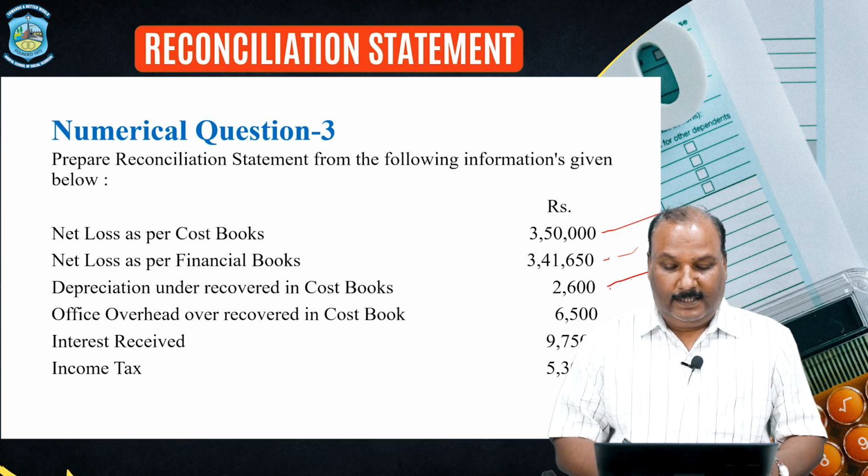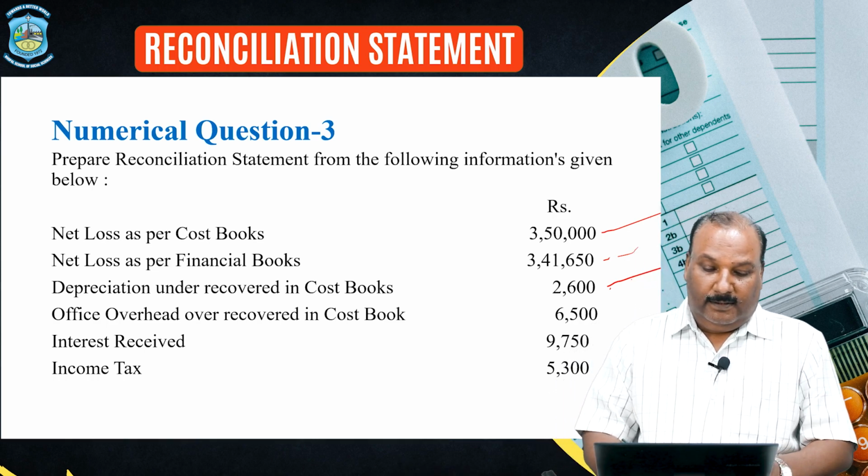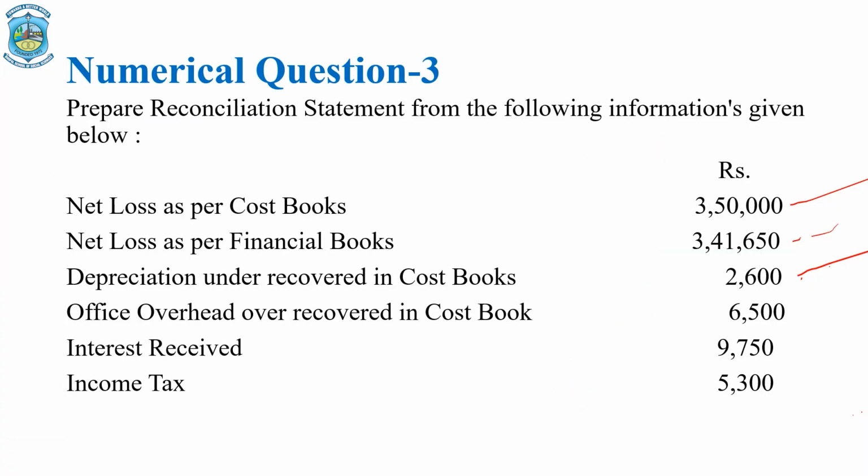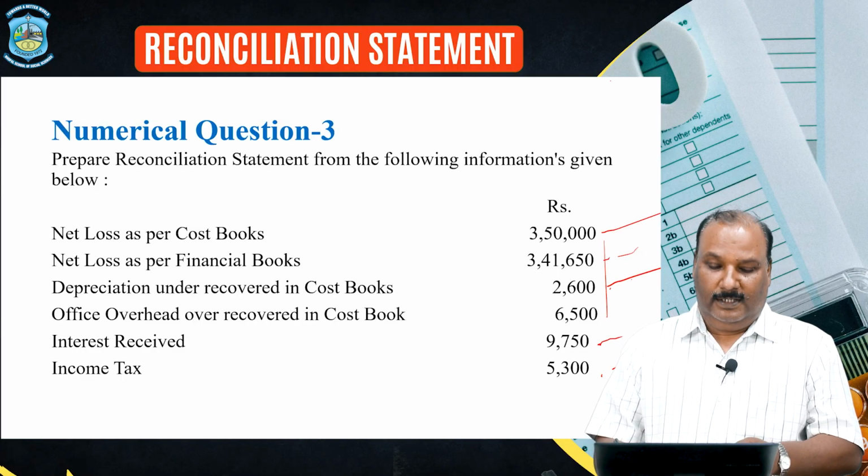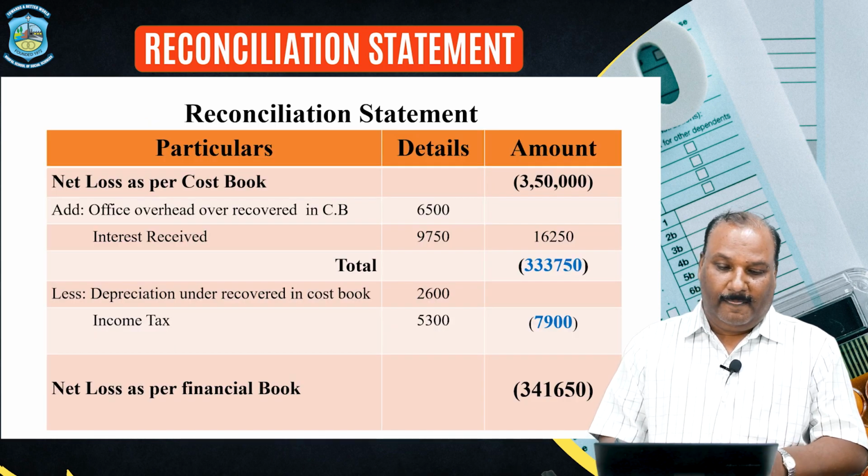Office overheads over recovered in cost book, that is 6,500 rupees. Interest received 9,750 rupees. Income tax 5,300 rupees. Here is the question. Now, what is the solution?